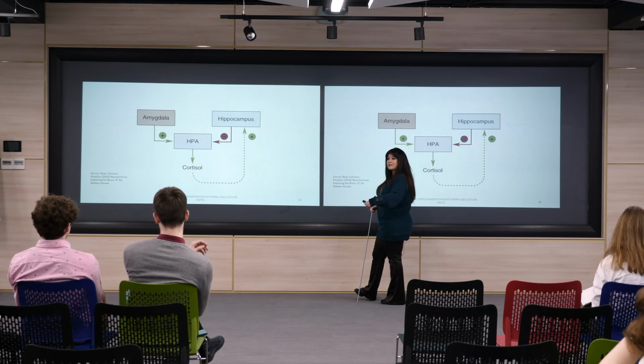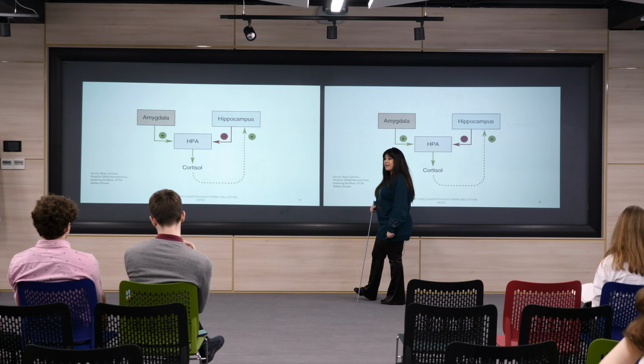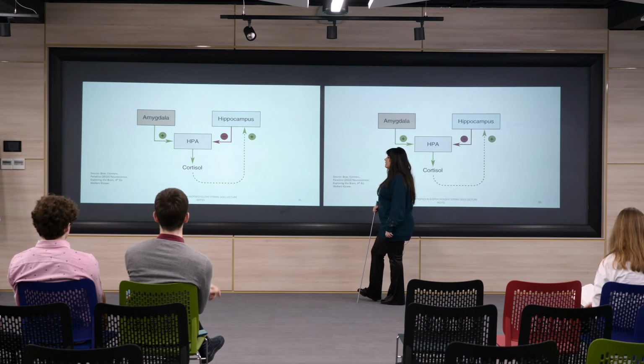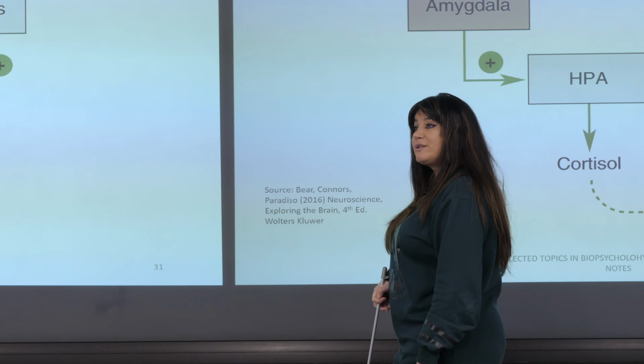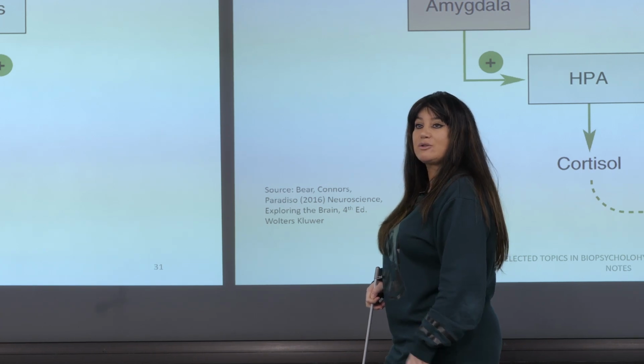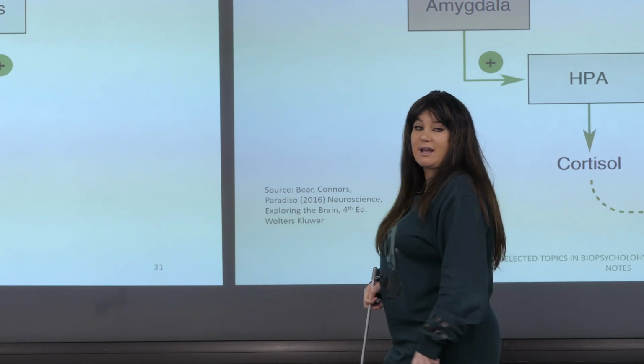When this stress response is out of control, people get anxious. So this vulnerability-stress hypothesis can be perceived as a general hypothesis for different mental disorders, including depression and also anxiety.